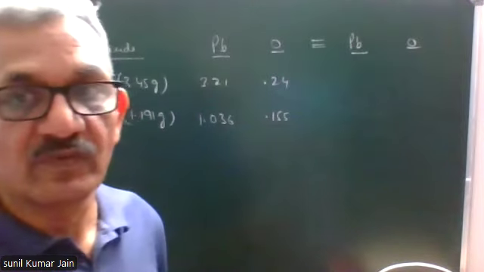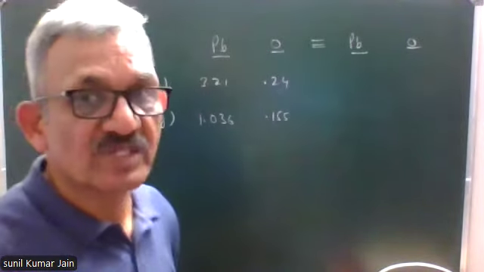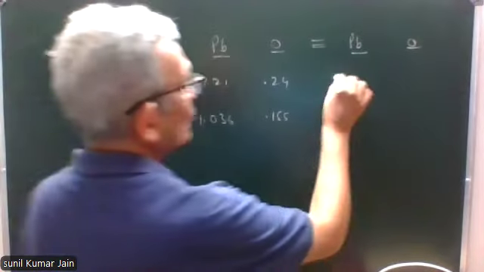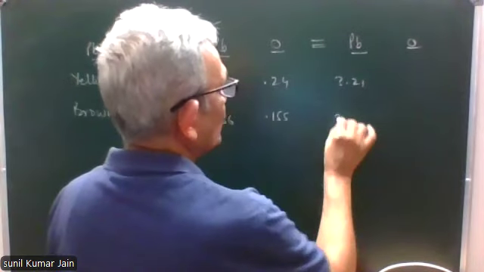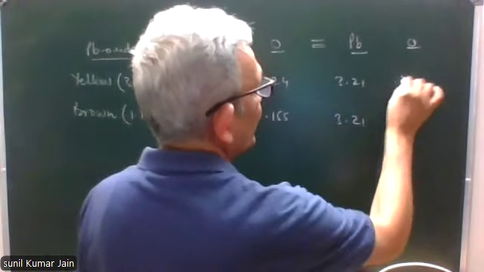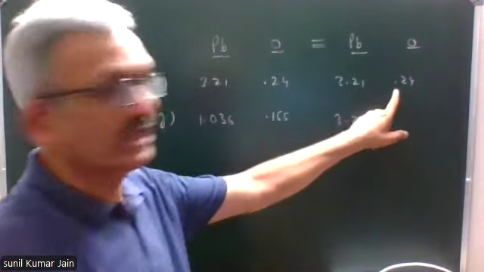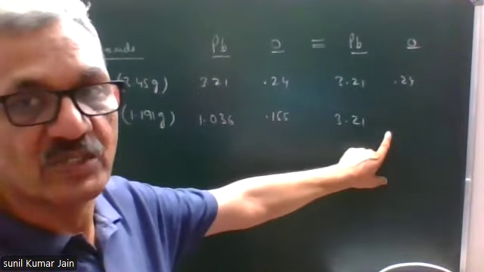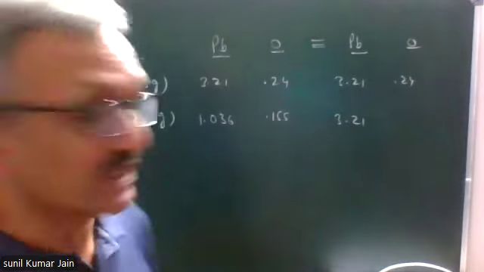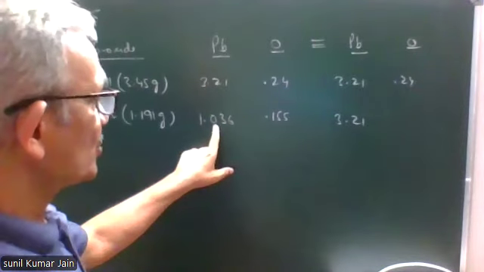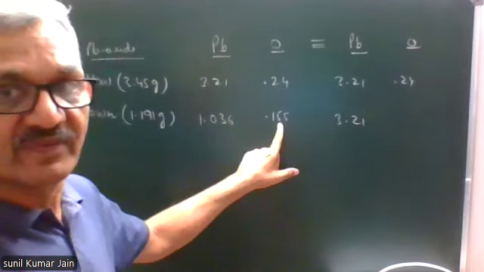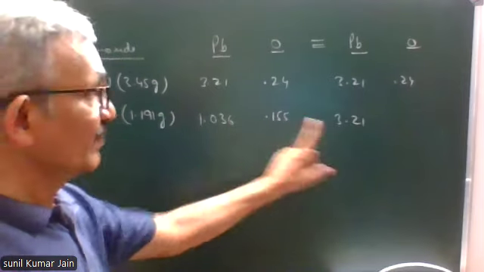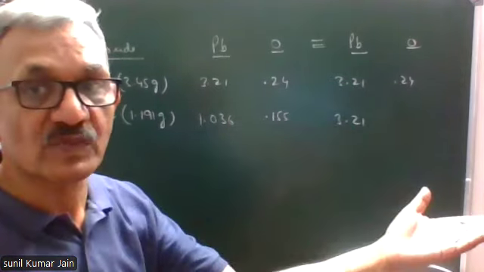I'll fix the quantity of one of the two elements. Let us say we fix the quantity of lead, 3.21, 0.24. It means no change in the first data. In the second case, we'll calculate by applying unitary method. 1.036 combines with 0.155 gram of oxygen. 3.21 combines with how much?